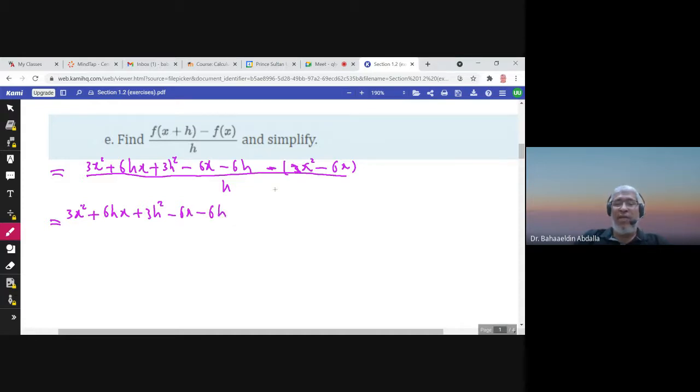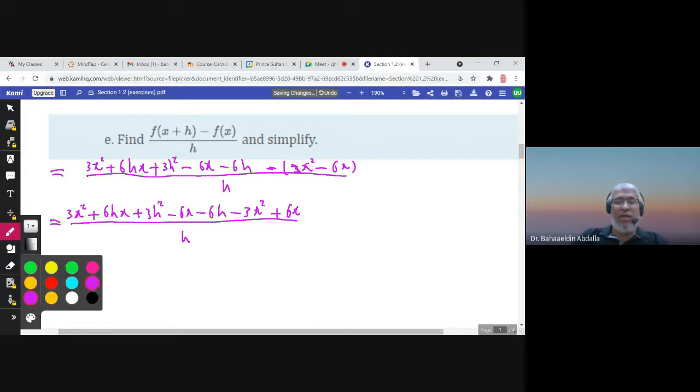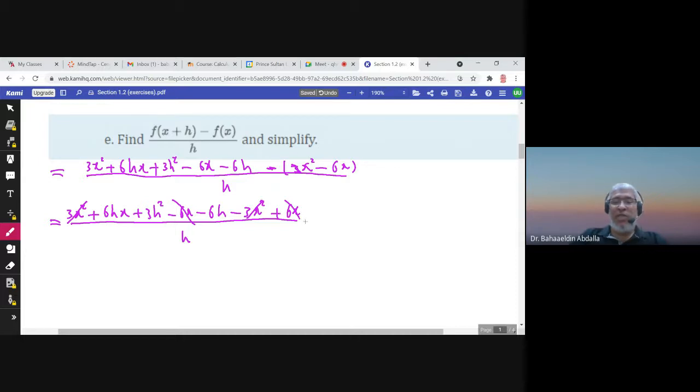And now I expand. I remove these parentheses. Minus 3x squared and minus times minus is plus 6x. All of this over h. Now notice that 3x squared minus 3x squared cancels and minus 6x plus 6x cancels, and I have these three terms. Look carefully at these three terms. I can take h as a common factor from all of them.